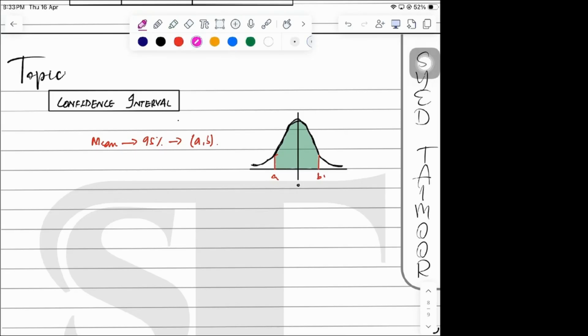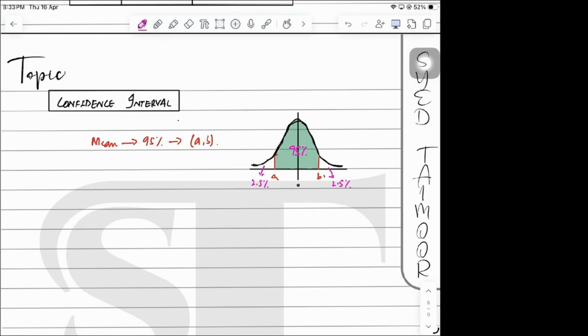For the remaining portion, 5% is left, so there will be 2.5% on this side and 2.5% on that side.